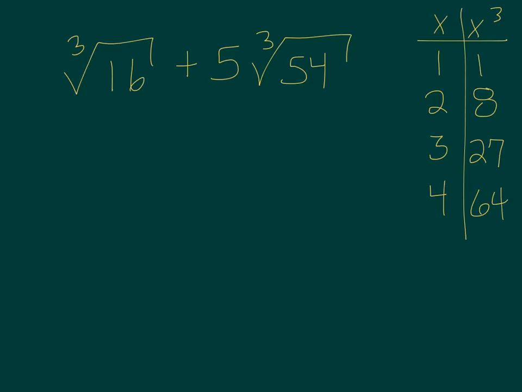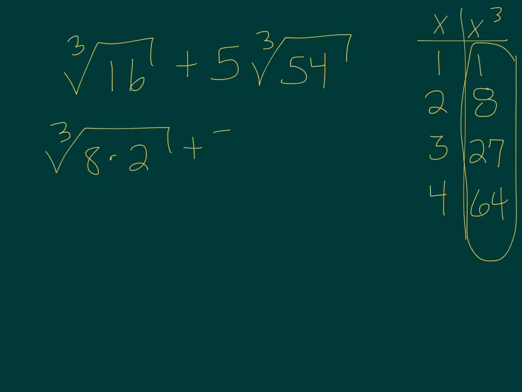So when I think of 16 and it's a cube root, I want to say, is 16 divisible by any of these numbers here? And I hope you can see that 16 is 8 times 2. Same thing with 54. 54 happens to be 27 times 2.